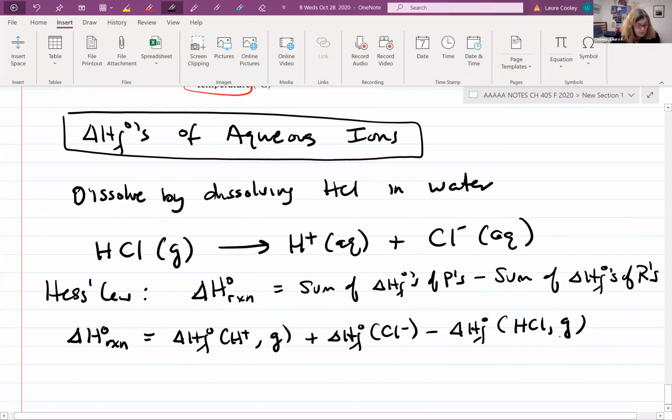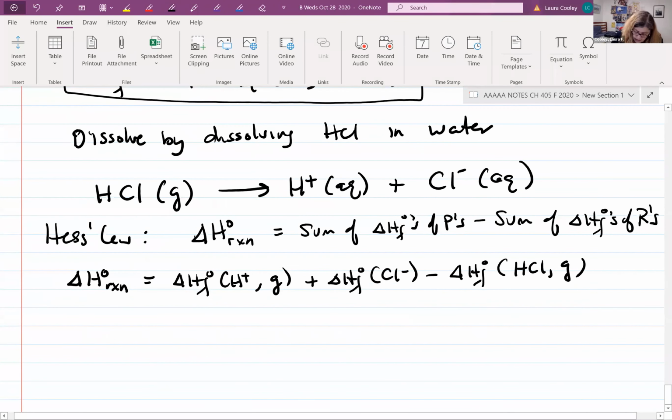Okay, so I get that straight from Hess's law. Now, this delta H reaction, I can measure very easily in the lab, well, if I wanted to. And remember, we're talking about the difficulties with ions, but there's no difficulty with knowing the heat of formation of HCl. So I would look this up in a book.